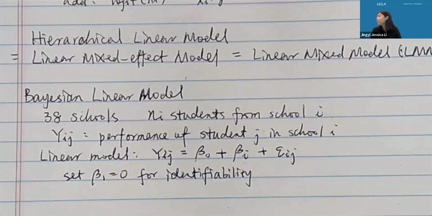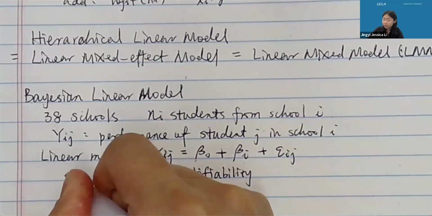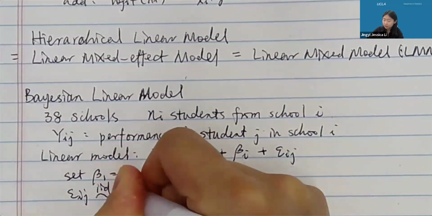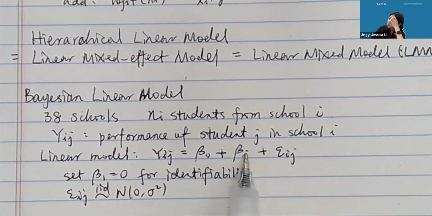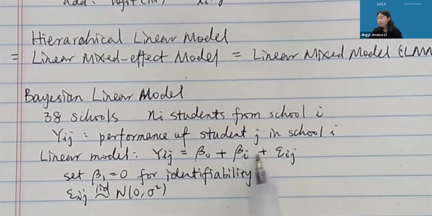So how many parameters do we need to estimate in total if we don't consider the variance? If we assume the epsilon_ij to be IID normal with variance sigma squared, there's a sigma squared here. But excluding this, we have 38 parameters to estimate, right? One intercept and 37 offsets, 37 differences. So for Bayesian, what we aim to do is assume these 37 coefficients come from another distribution.